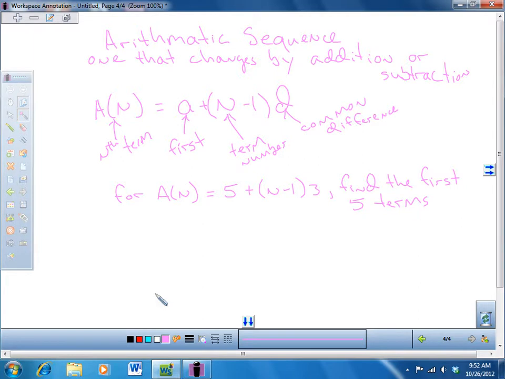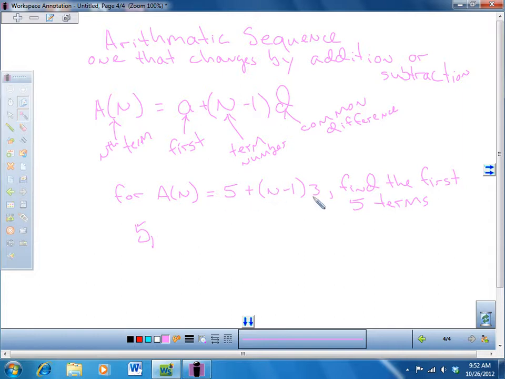It's very algebraic looking, but it's really easy to do. Watch. What's the first term? Look up here. A, right? The first term is the thing that comes out front. So the first term is 5.